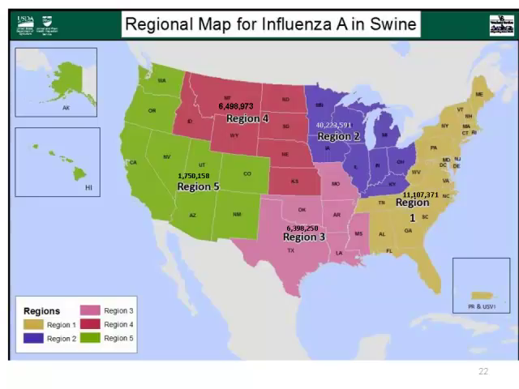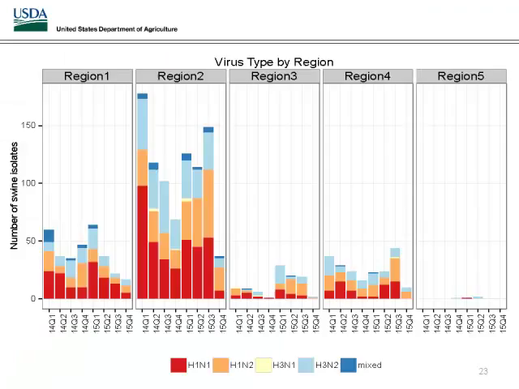That's because there's 40 million swine versus 1 million in region 5. So when we get to this map, you see that there's very little testing going on in region 5 that we have data for, but yet there's a lot of testing data in region 2 and region 1, where we have a lot more swine.